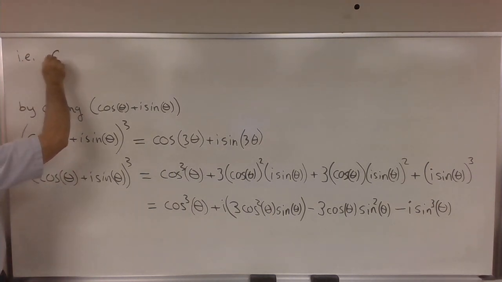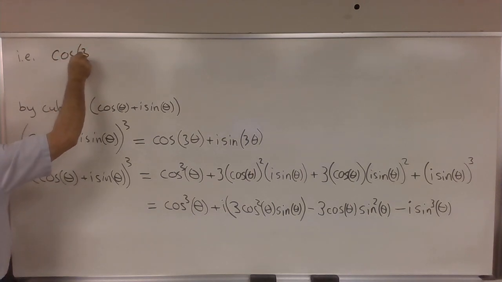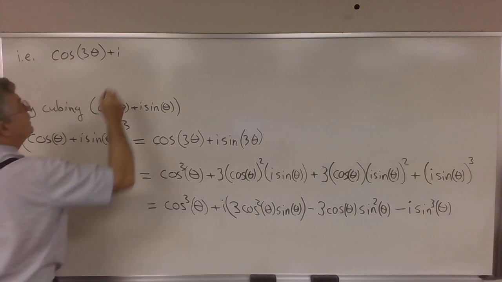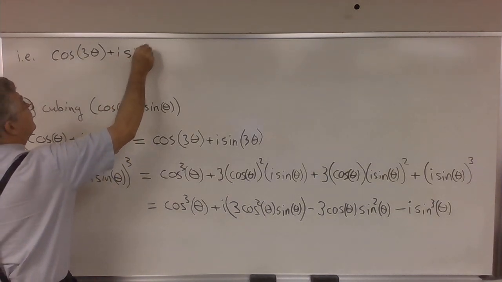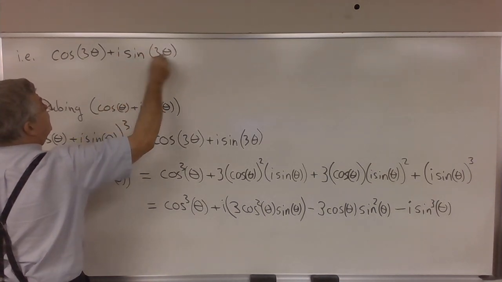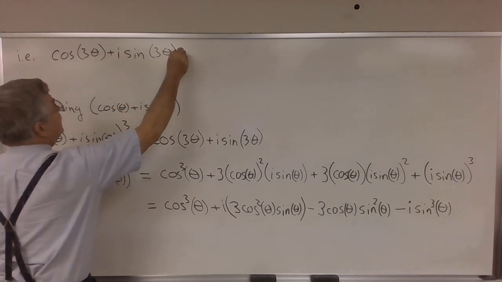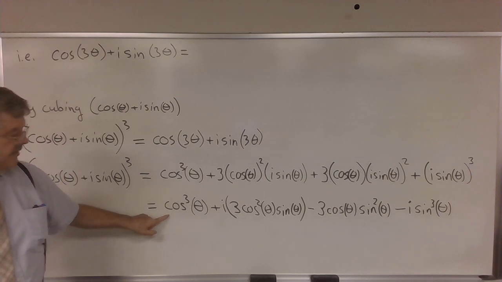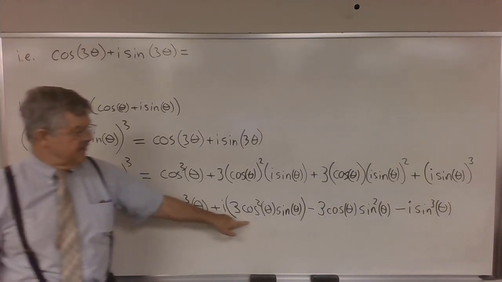Cosine 3 theta plus i sine 3 theta is equal to this entire piece of junk down here.